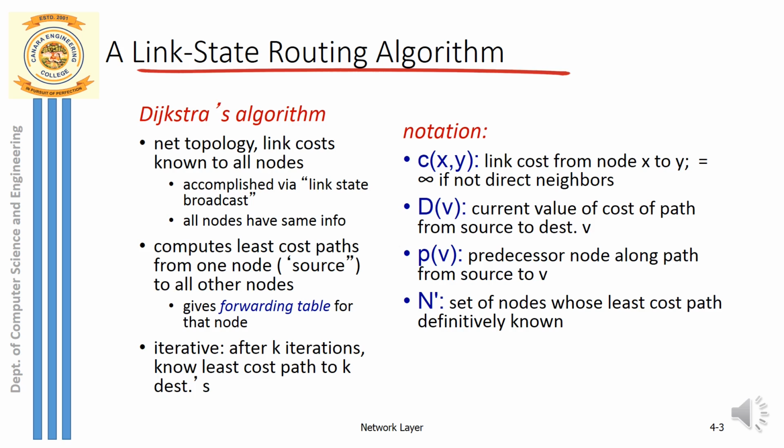We can now look at this link state algorithm. Here the alternate name for link state is Dijkstra's, and in the network we can assume that all the nodes are routers. So let's assume a network wherein we have several routers connected together.